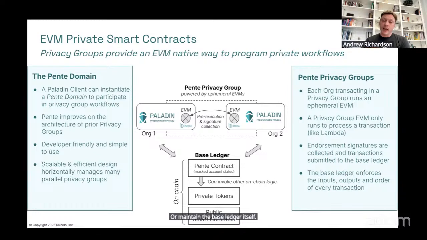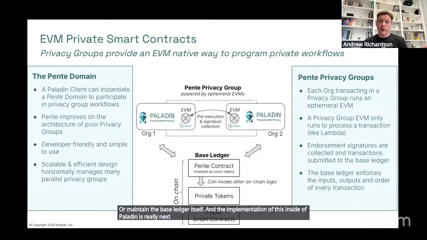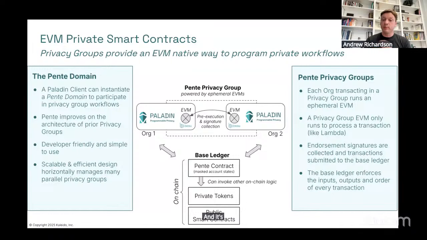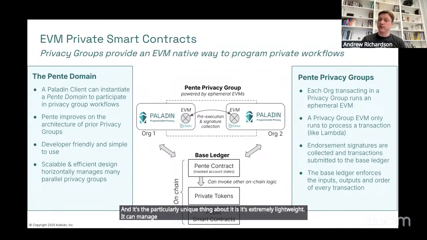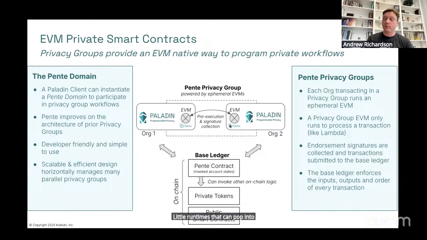The implementation of this inside of Paladin is really next generation, and we're going to go through it in some detail in a minute. The particularly unique thing about it is that it's extremely lightweight. It can manage thousands, hundreds of thousands, millions of concurrent little EVM worlds because it uses what we call ephemeral EVMs, little runtimes that can pop into existence using the Besu library.